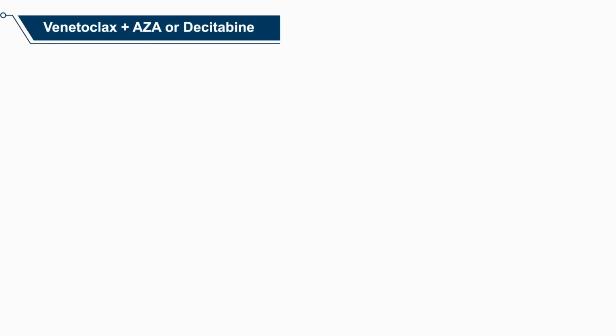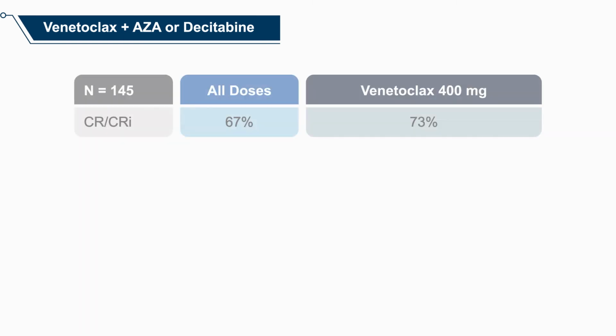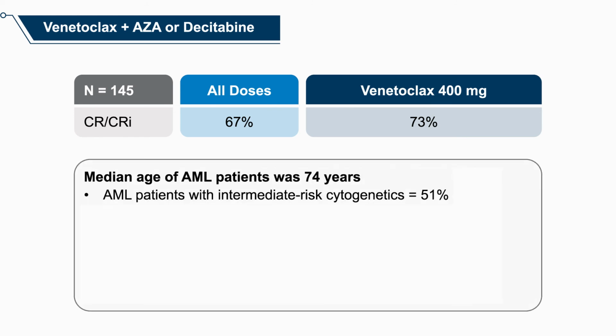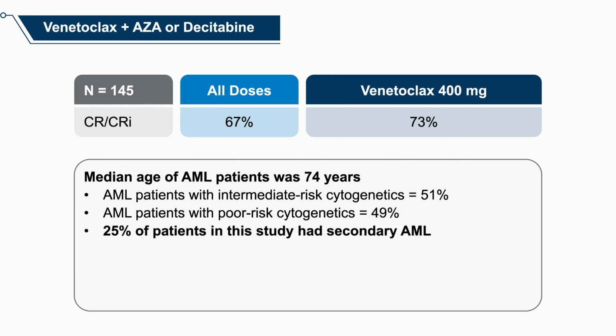So venetoclax, in combination with azacitidine or decitabine, was also tested in a smaller study of 145 patients with a median age of 74 years that included patients with secondary AML. And in this study, 51% of the acute myeloid leukemia cases had intermediate risk cytogenetics, 49% had poor-risk cytogenetics, and 25% had secondary AML.